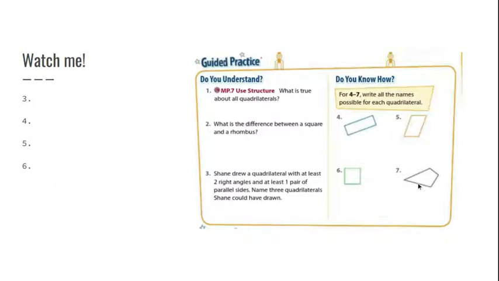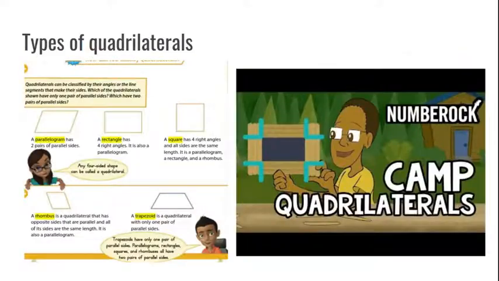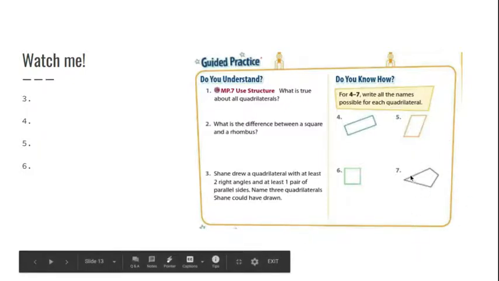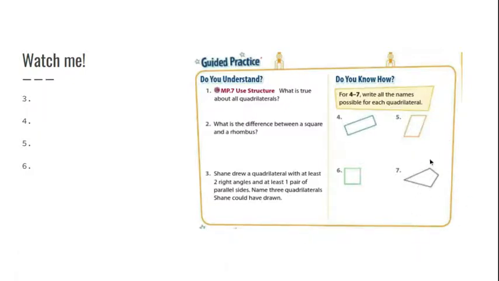And then this shape is a, let's see, I don't think this is just a parallelogram. This one isn't anything really. It's not a trapezoid because there's not a pair of parallel sides.